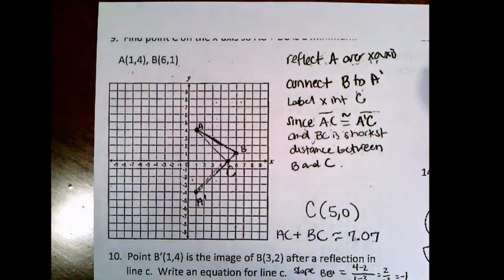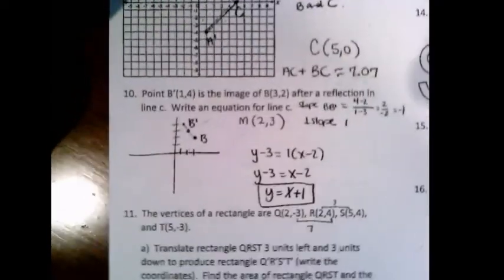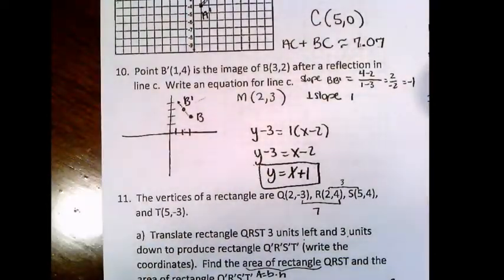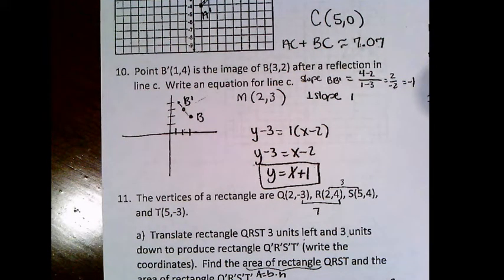Number 10, that's a review, so I can show you that one. It says point B prime is the image of B after reflection in line C. Write an equation for line C. Okay.